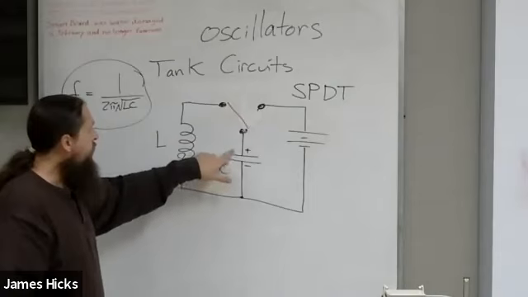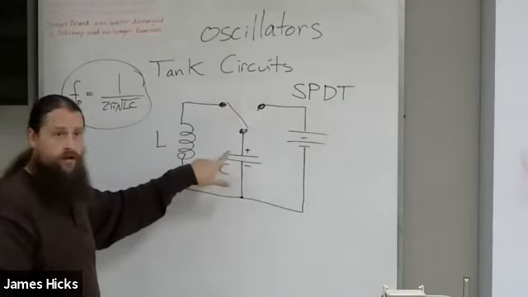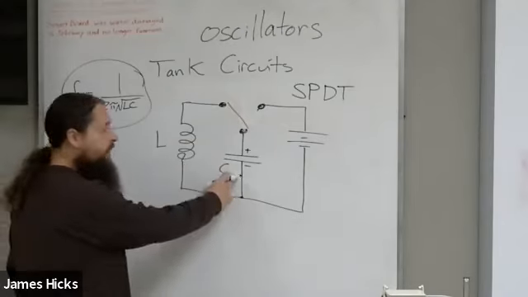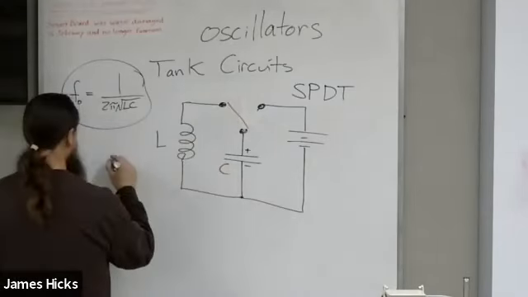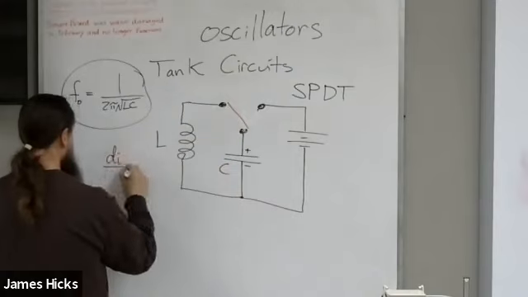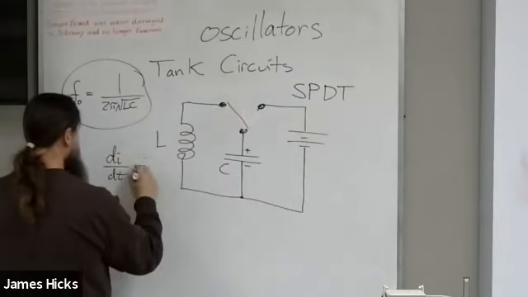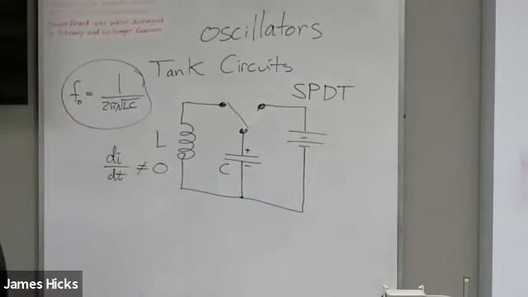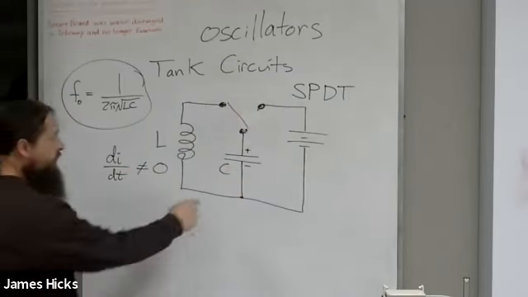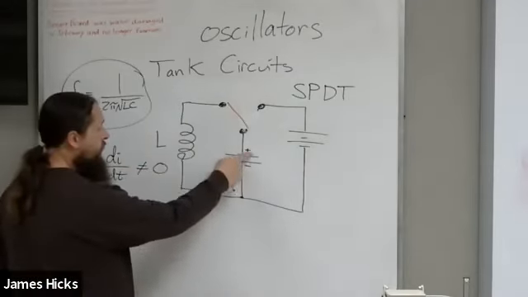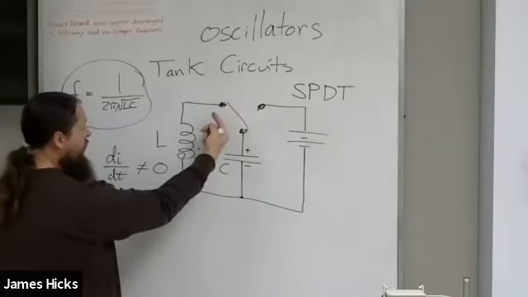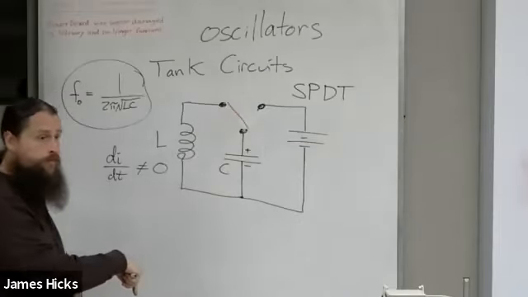But this is a current that is not constant. So the current that the capacitor makes, the dI/dt, is not zero. The current is changing with time as this capacitor discharges. Initially, it's a really big current, then it starts to taper off.